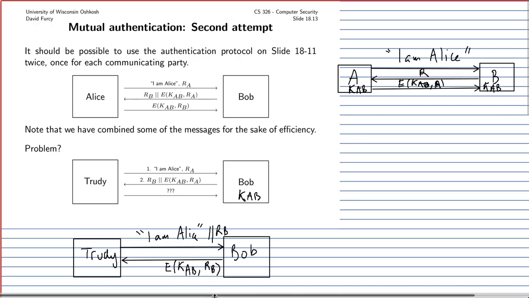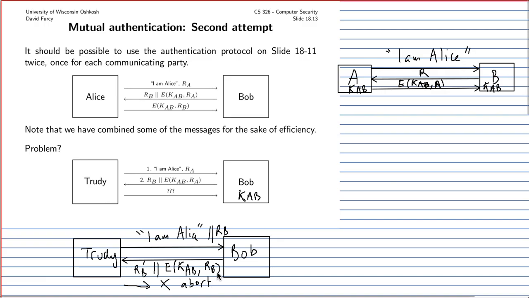And he's also going to send her some other challenge because he thinks that Alice is trying to authenticate herself in another session. But what Trudy is going to do is ignore this part of the response. In fact, she's not going to respond to Bob at all. And in all of these protocols, there's always a timing mechanism.